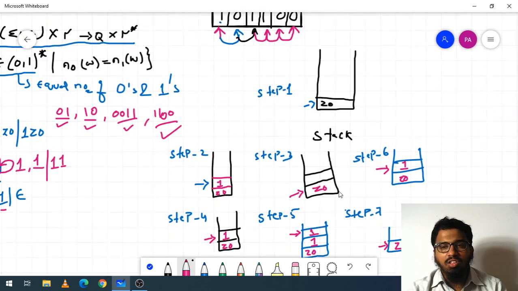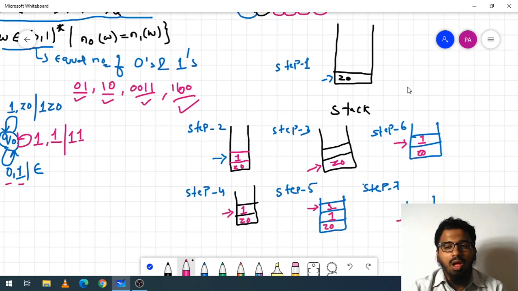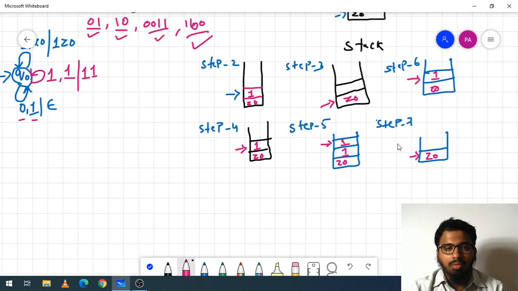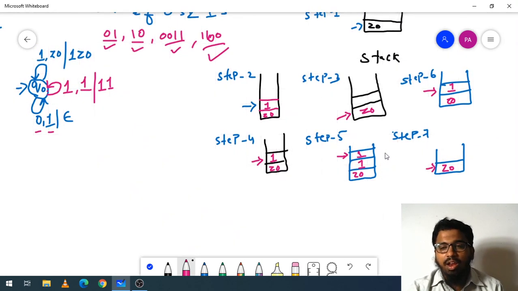And what is remaining in the string? We don't have anything. So what is this? Epsilon. If nothing is there, if the string is finished, then we need to use the epsilon. Because of that, we will say epsilon NFA.